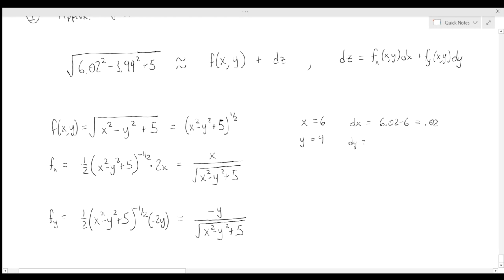And the same thing, dy is going to be what you originally had for y in your expression, minus what you ended up rounding it to. So here dy is going to be negative 0.01, okay? All right, so any questions on how I came up with the values for x and y, and how I got the values of dx and dy?